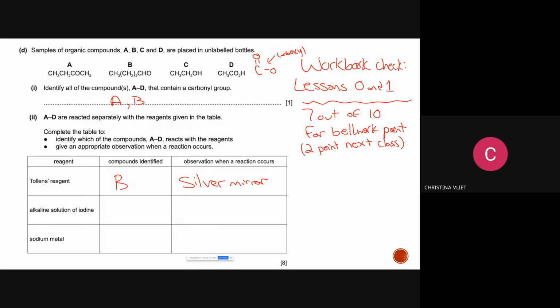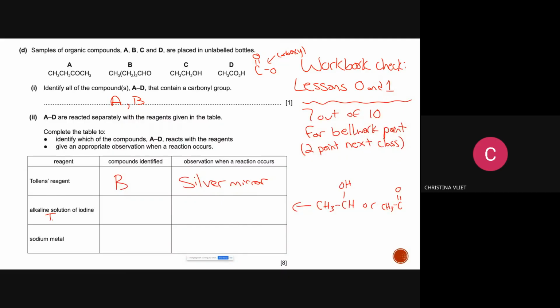For alkaline solution of iodine, this is the one that people forget a lot. It's CH3CHOH, or CH3C=O. These are the two different possibilities that you have a reaction with iodine and NaOH.